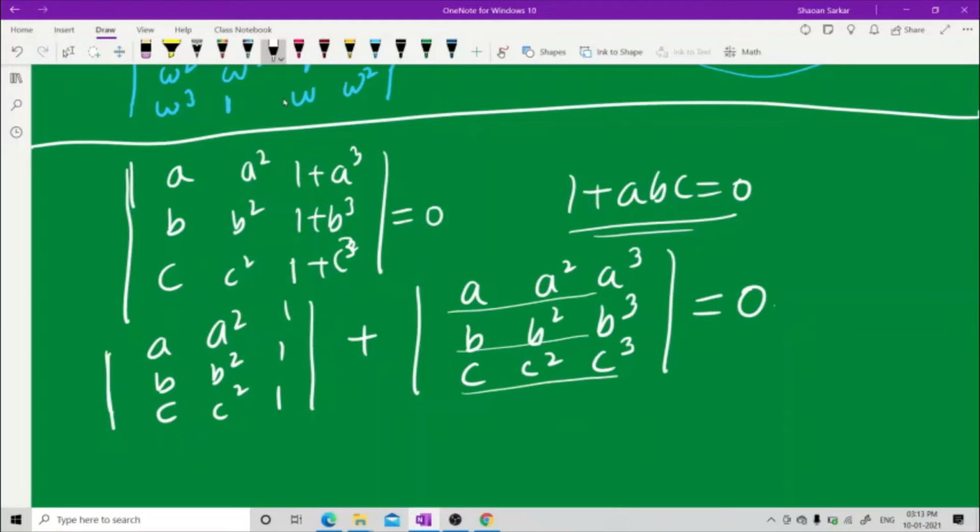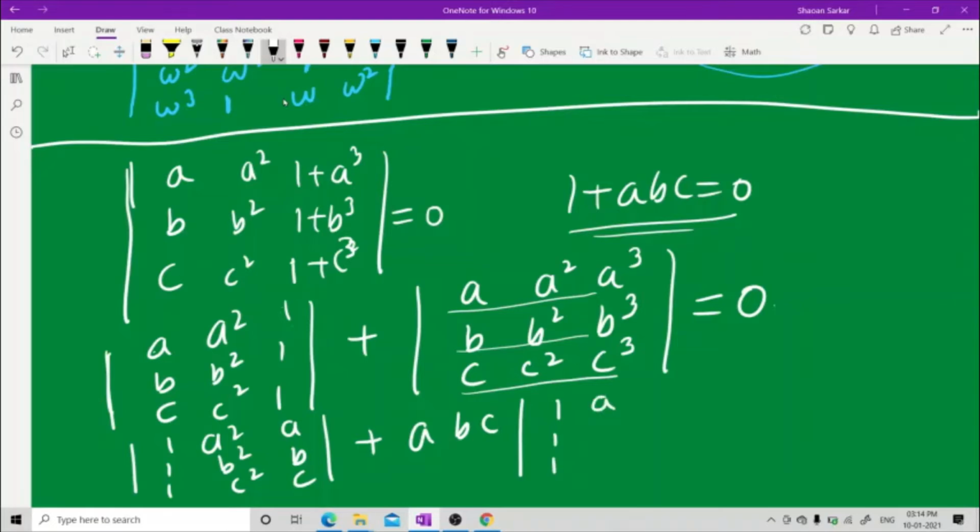Now you interchange these rows. See, 1, 1, 1, a square, b square, c square, abc, plus you take abc common here. You have 1, 1, 1, abc, then a square, b square, c square. This is equal to 0.